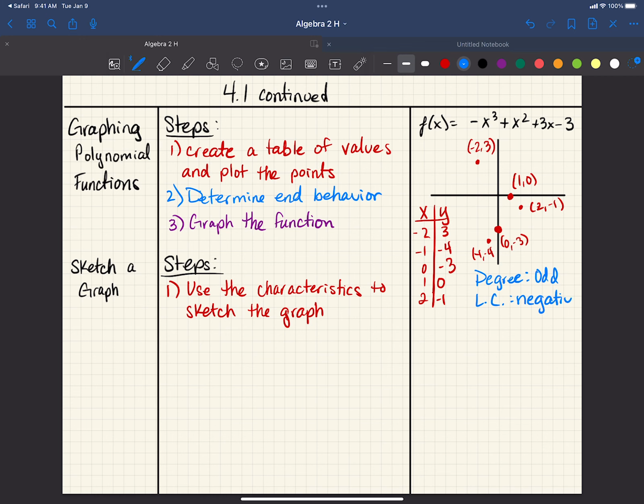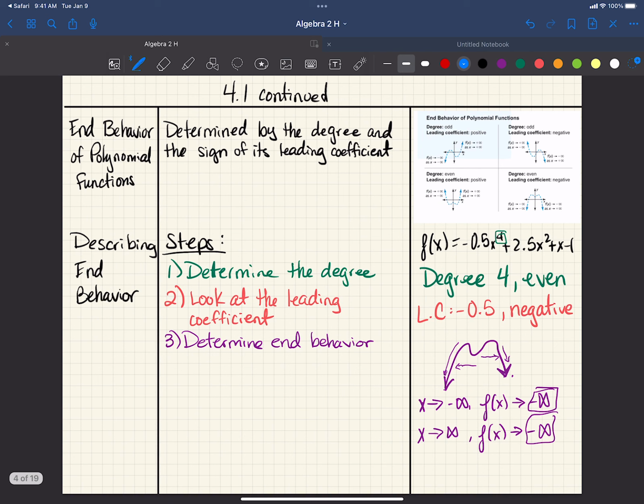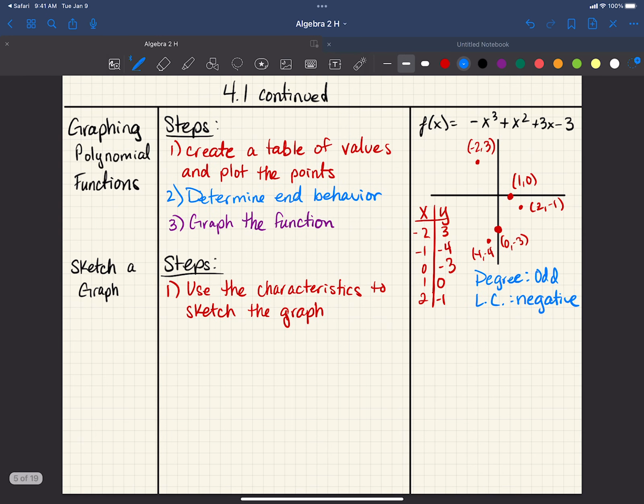So if I look back at my chart, which is over here, an odd degree that is negative, notice how my quadrant 2, right, because this is quadrant 1, this is 2, 3, and 4, so on and so forth. If we need to go over that also, you can bring that up to me. In the second quadrant, my y values go towards positive infinity, and in the fourth quadrant, my values are now going into the negative. So my end behavior is basically going to be something like this and something like that.